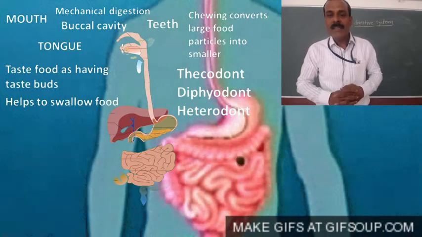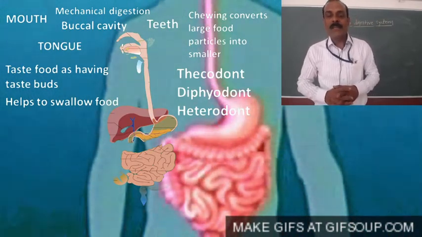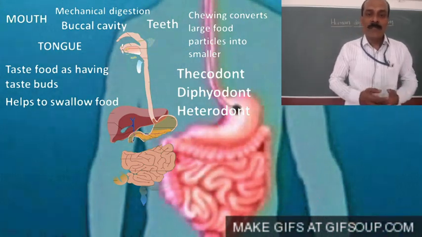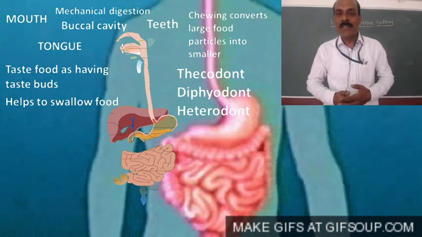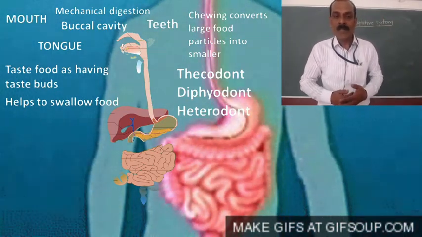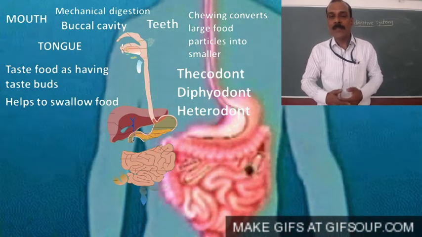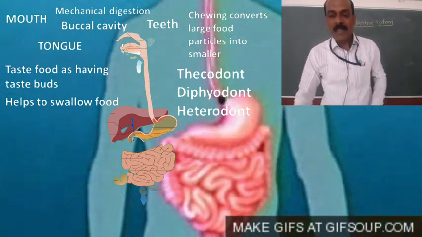Heterodont means we have different types of teeth for different functions, such as chewing, biting and tearing. This is the characteristic of human teeth.